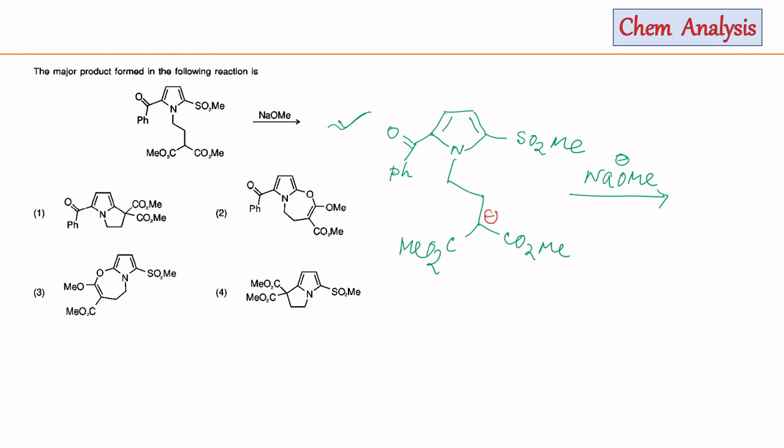this one. Now you have to know between these two groups which will be the better leaving group. You can easily say that this is the better leaving group, and in the next step this anion will attack here to form a 1, 2, 3, 4, 5 member ring.